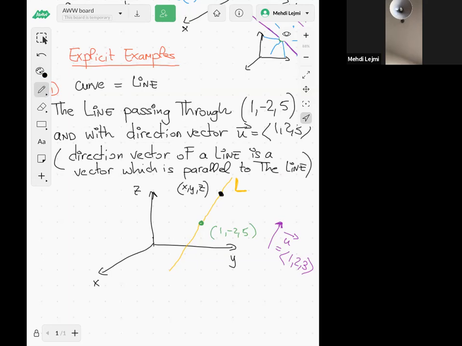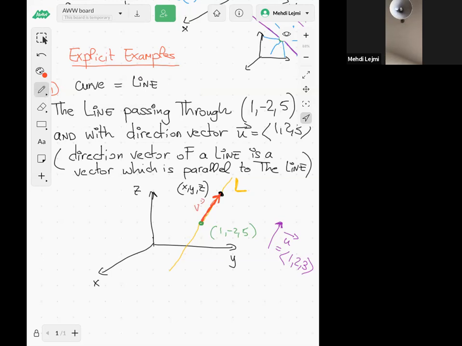Now, I want to find the equation of L. So the idea is you take the vector going from your point 1, -2, 5 to the point x, y, z. So you take this vector here. Let's call this vector the vector v.